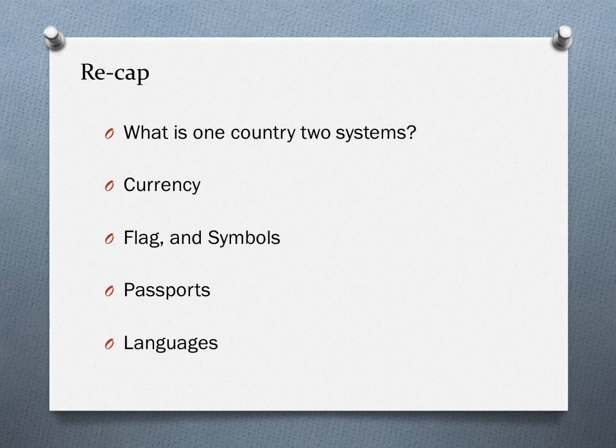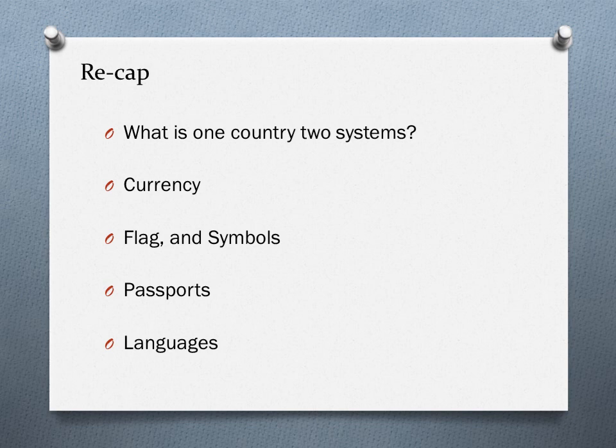And we also looked at the national symbol of China, and this national symbol has to be present on all government offices and official documents, because this is a national symbol. Passports are different. However, it has the national symbol on top of both passports. Our passports are issued in Hong Kong, their passports are issued in China.